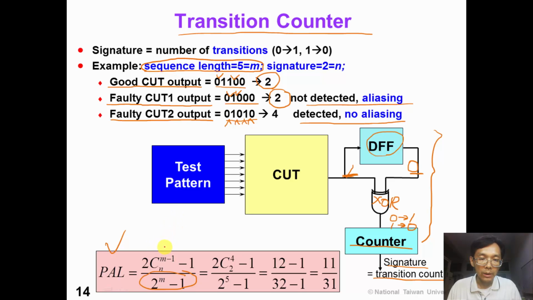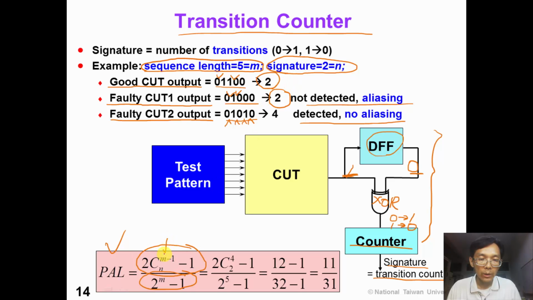In the numerator, we have 2 times the combination of m minus 1 choose n, minus 1, where n is the number of transitions in the good CUT output. In this particular example, it is 2.